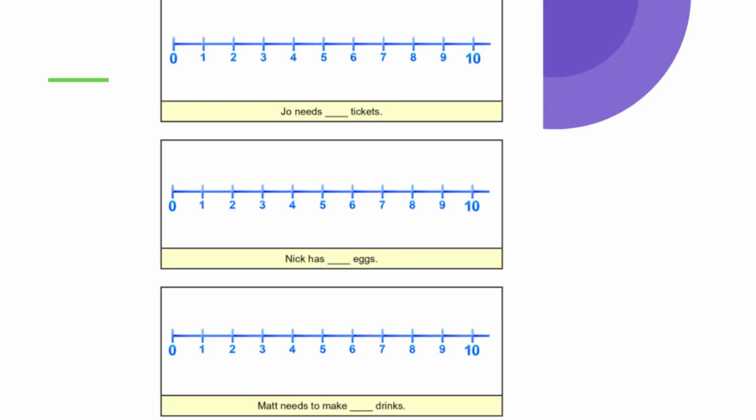She already has 5 tickets. She needs 2 more. So it is 7 tickets she wants for all the friends.